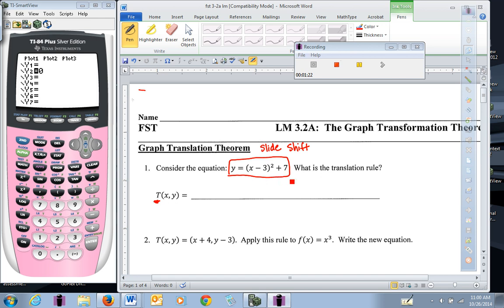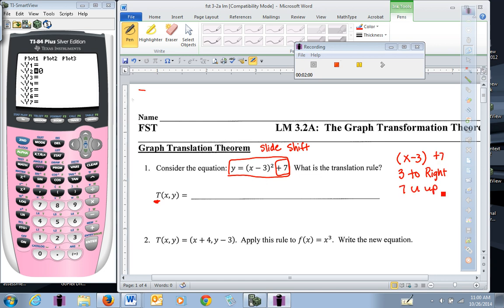So if we think about this equation, you might recall that anything inside the grouping symbol, like this x minus 3, will actually go the opposite direction of what you think. So this would actually move the graph 3 to the right. And then this plus 7 that's outside will actually move the graph 7 units upward.